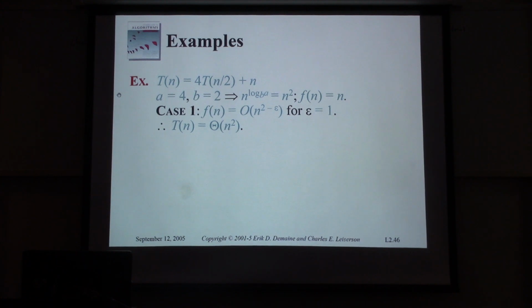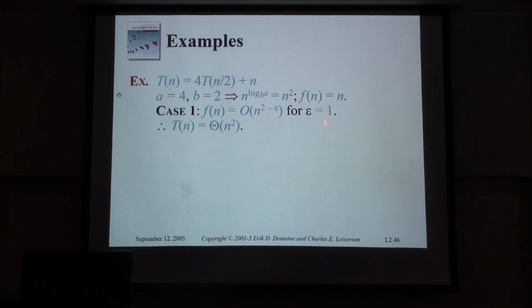Okay? When we finish this, you'll be like, oh, that's so cool. Not yet. Now you're like, oh, that's so weird. So n squared is the value of n to the log B of A. F of n is equal to just n. So what's the value of epsilon? You can see epsilon is equal to 1 because for them to be equal to each other, I would have to multiply by n to the 1.